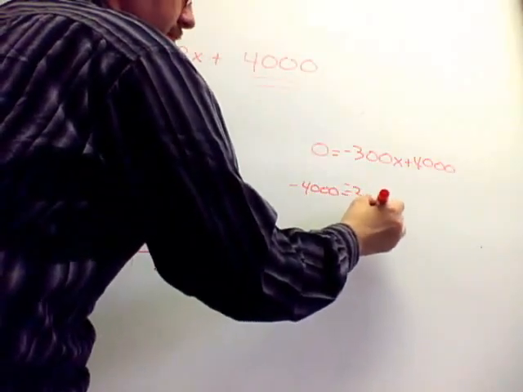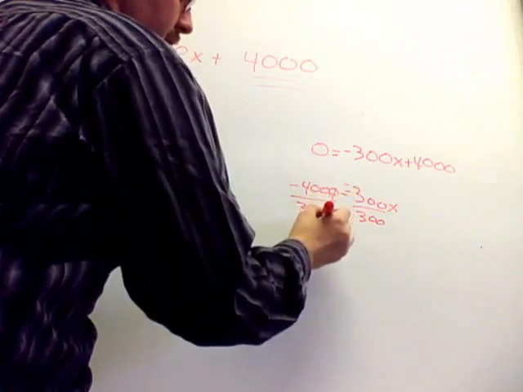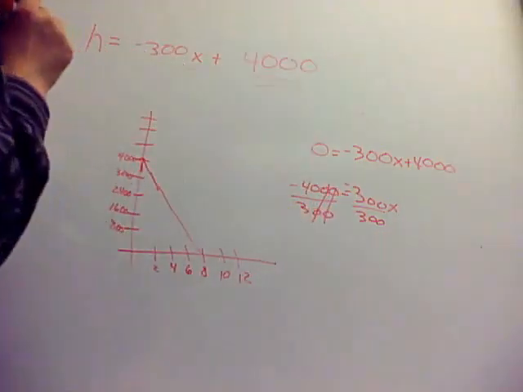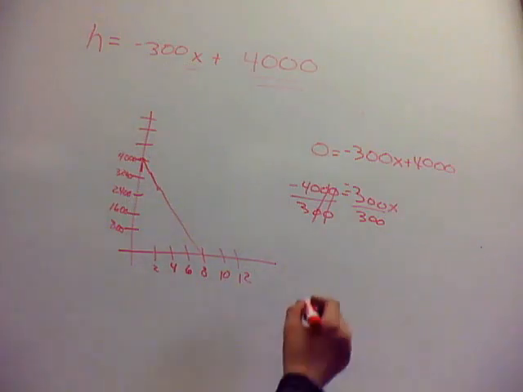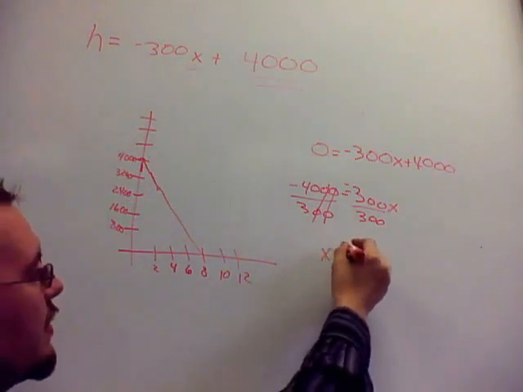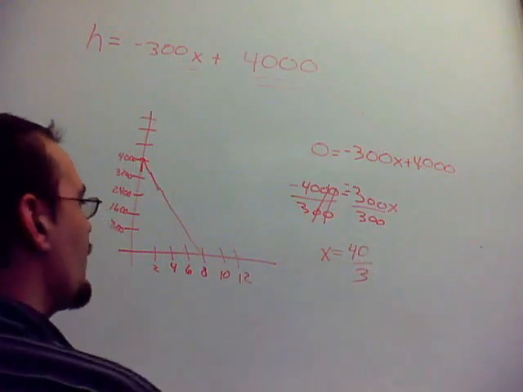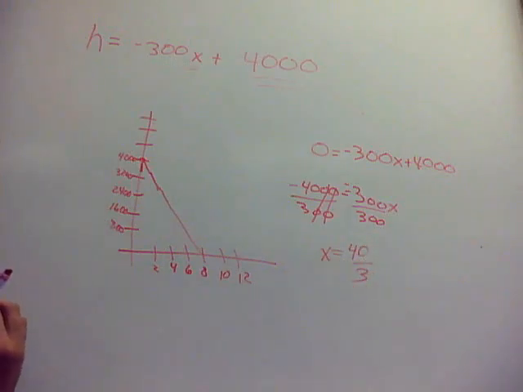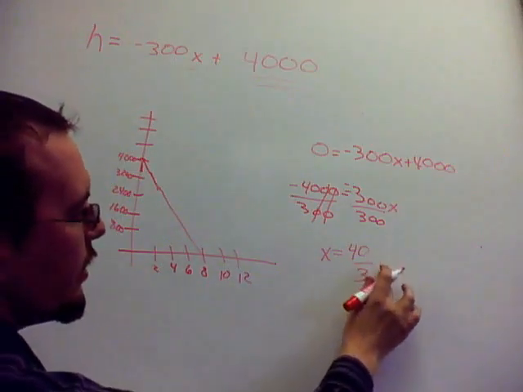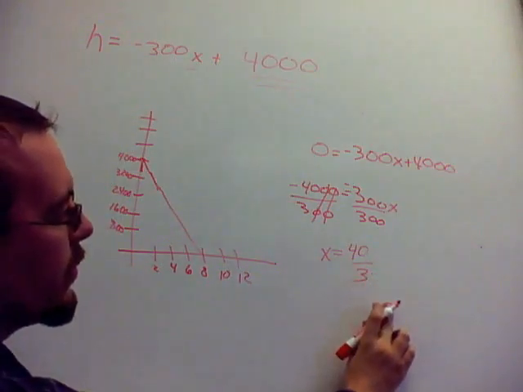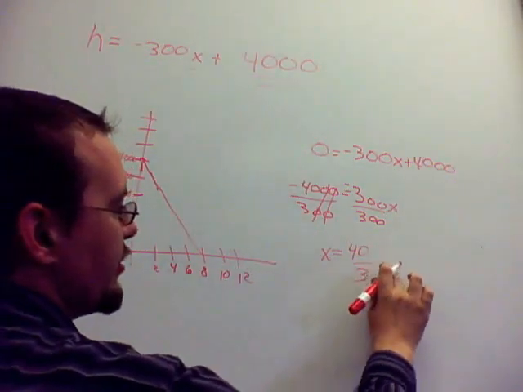Divided by 300, now we have 40 over 3. So x equals 40 over 3. What's 40 over 3? It's about 13.